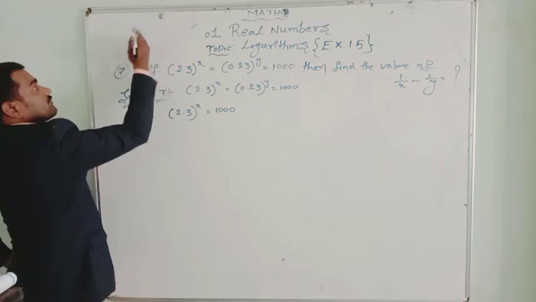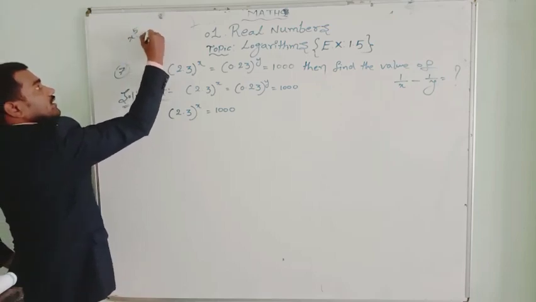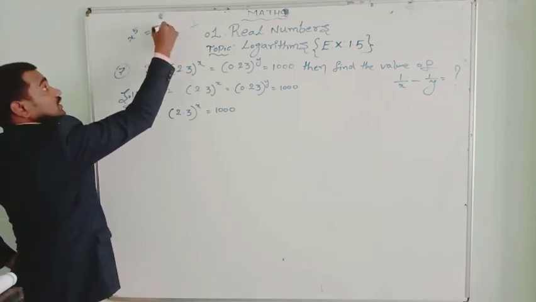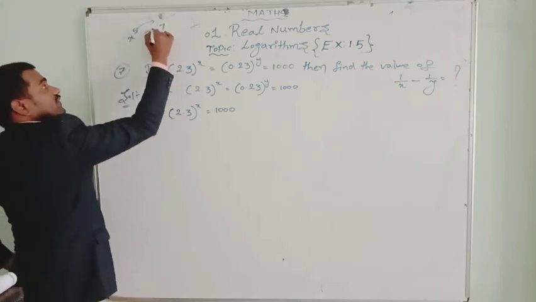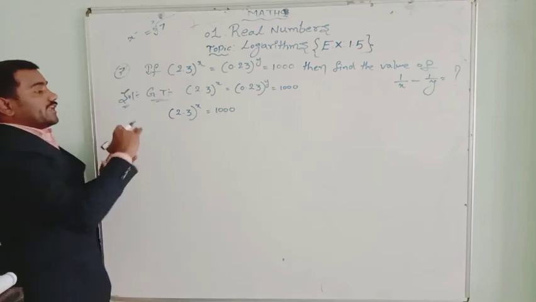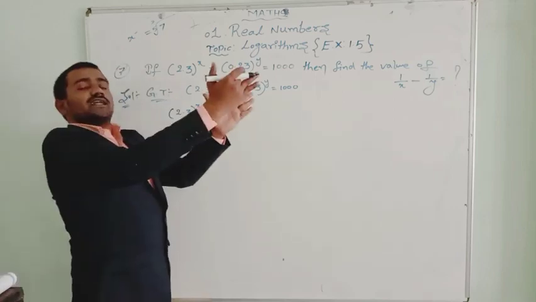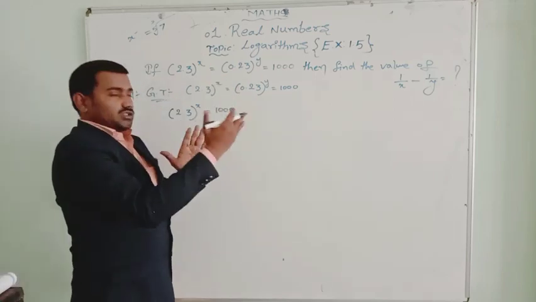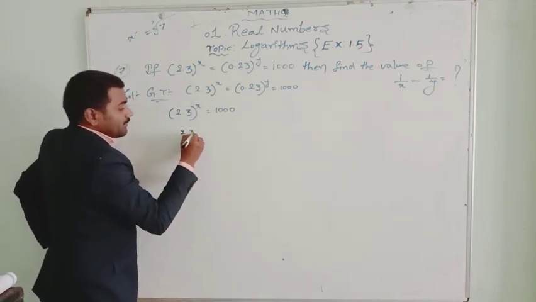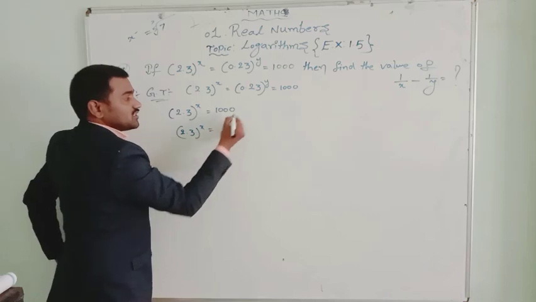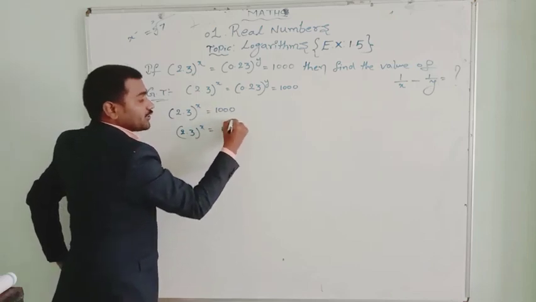If it is x to the power of 5 equals 7, this power 5 if you transport, it becomes a fifth root. So the exponents, the powers, if you transport them to the RHS side, become roots. Here you see now, 2.3 whole to the power of x equals this 1000, we can write it as 10 cube.